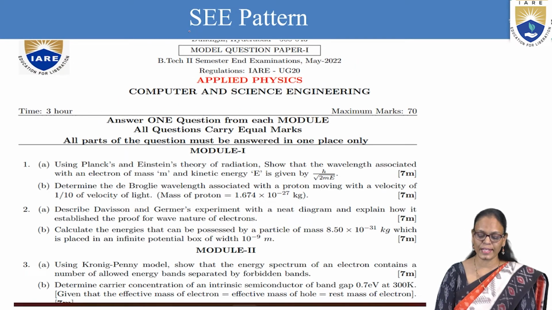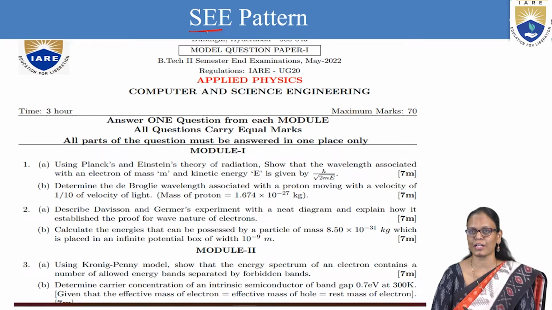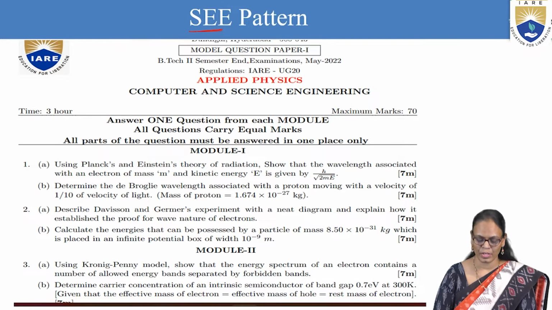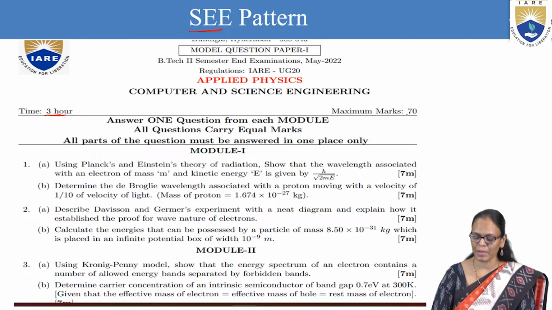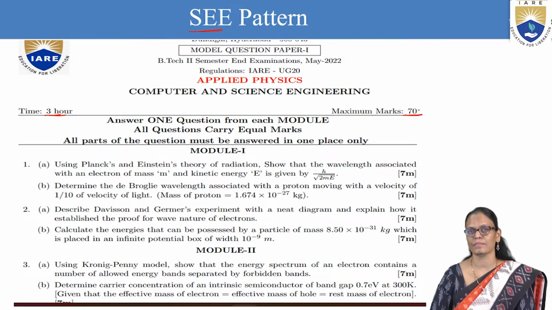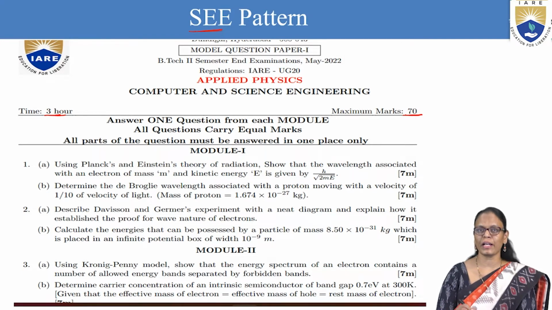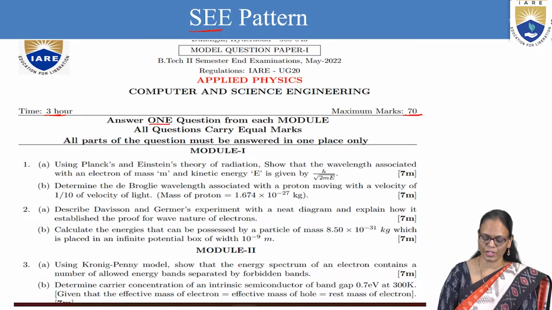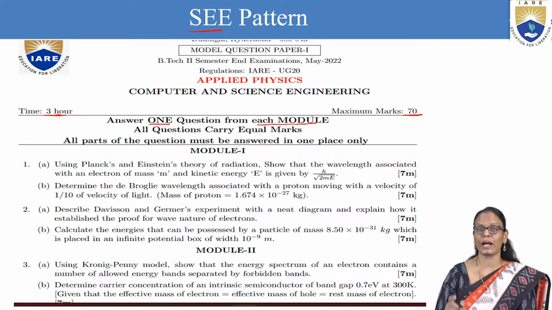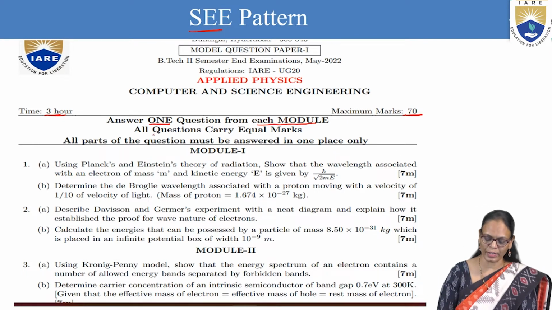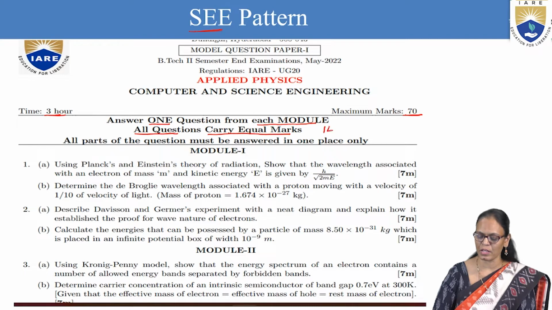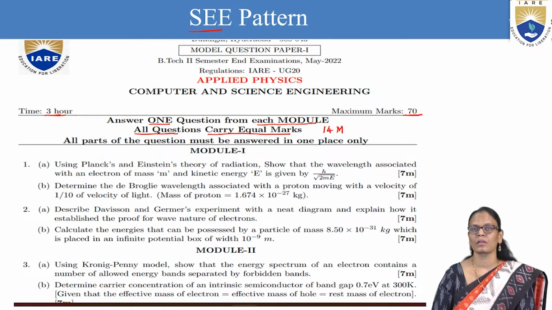Now coming to the SEE, semester end examination, you will have all the 5 modules. The duration of the exam will be 3 hours and the marks are 70 marks. Here you will be having 1 question from each module. You will have to answer 1 question from each module and all questions carry equal marks.